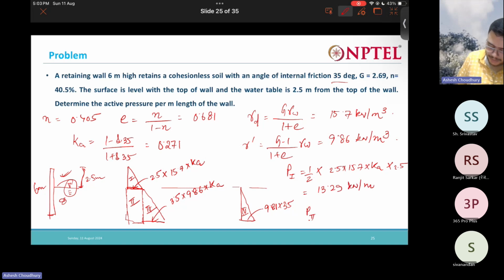Similarly for P2, this is a triangle. So what is the base? This length is the same as this one, 2.5 into 15.7 into Ka times the height. What is this height? 3.5. So this one is going to come as 37.23 per meter. Similarly, P3 is the area of this triangle and P4 is the area of this triangle.